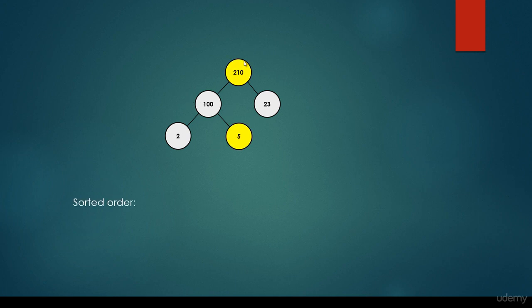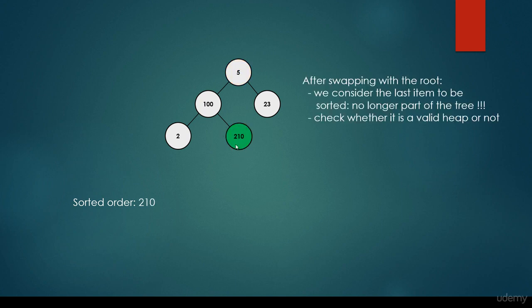First, we have to swap the root node with the last item. The last item is 5, the root node is 210, so we just swap them, and we consider this item to be sorted. So after swapping with the root node, we consider the last item to be sorted, so it's no longer part of the tree, so we don't have to bother about this node.